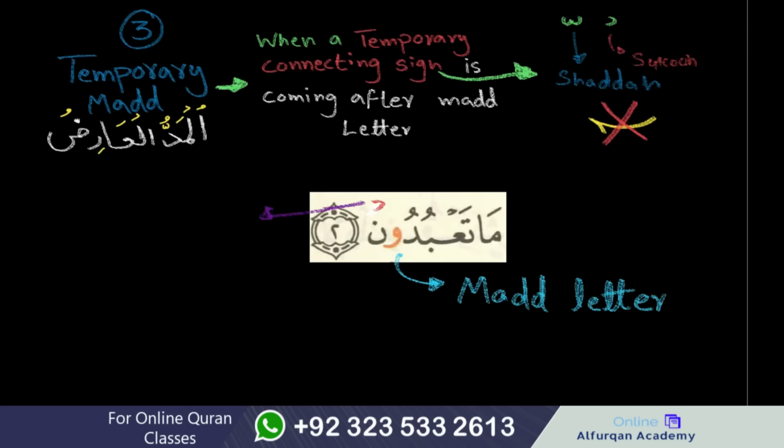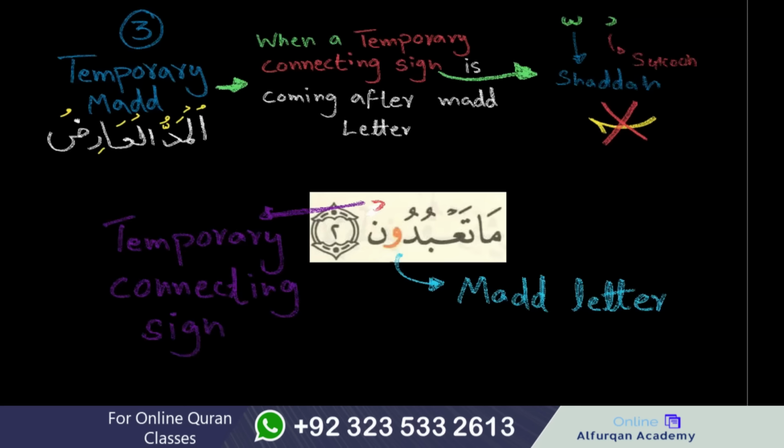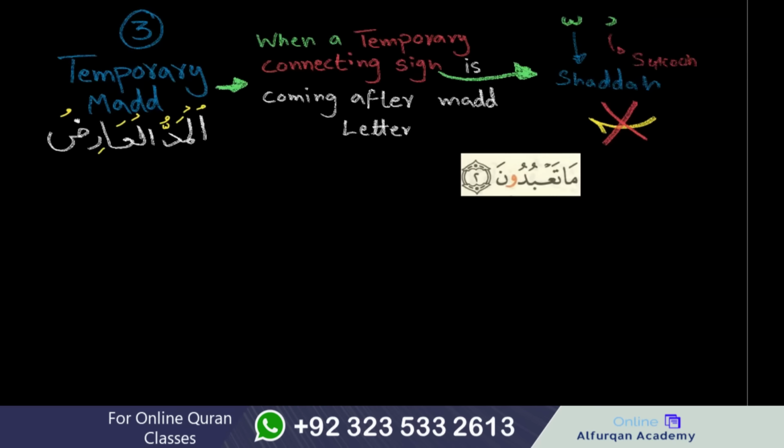So now here we have a mad letter, and after that we have a temporary connecting sign. In this case, we are going to make the do sound for 4 counts, and after that we are going to connect with the last letter because we are making a pause here. It becomes ma ta'budun. Let's take another example.